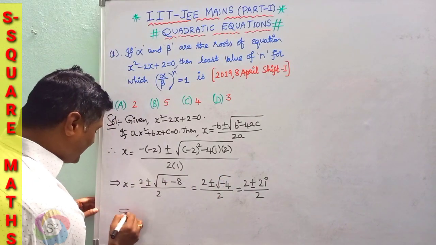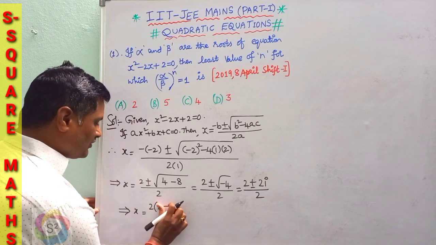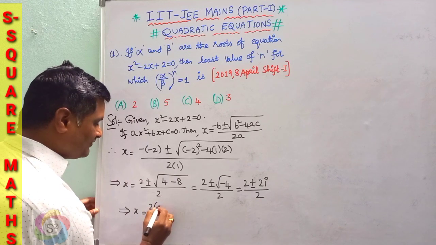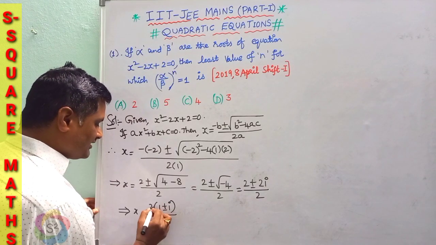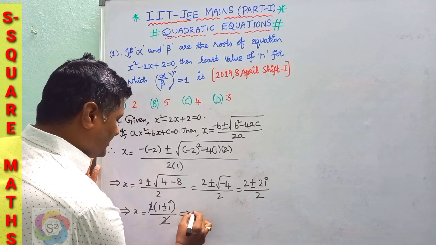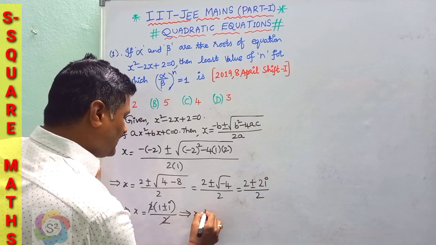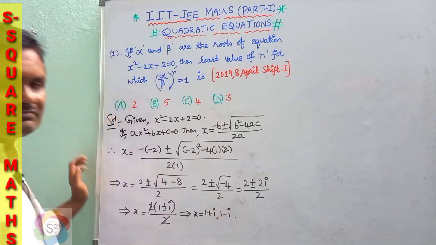So x is equal to, taking 2 as common, 1 plus or minus i by 2. Since the operation is multiplication, I can cancel. So our x value is 1 plus i and 1 minus i.